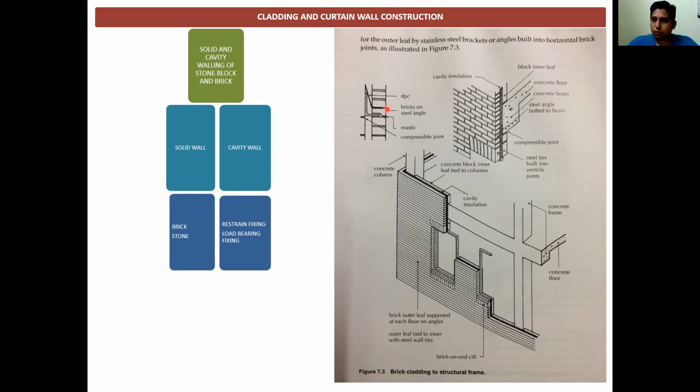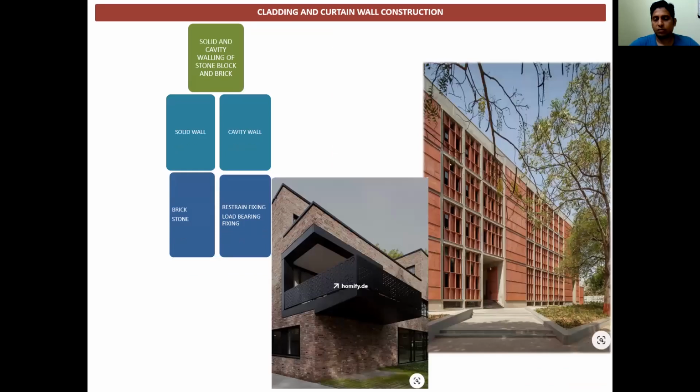I want to show you some pictures of completed buildings. So on your right, this red long building is covered with red sandstone, and how beautiful and monotonous a pattern is created. Both ways, two systems can be used here.